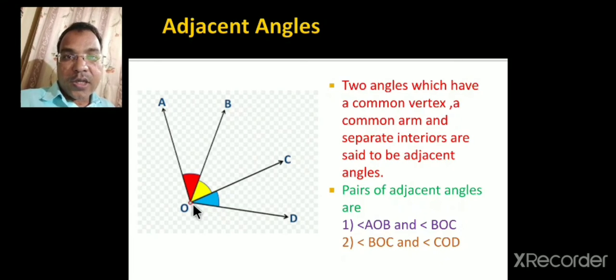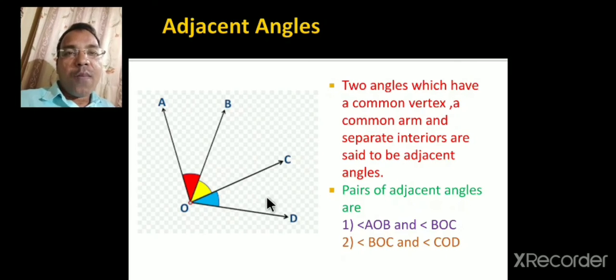And the third condition: do they have a common side or common arm? No, they do not have a common arm. So angle AOB and angle COD are not adjacent angles.